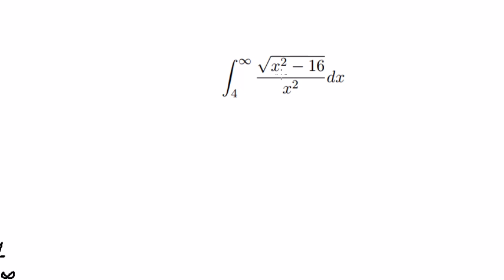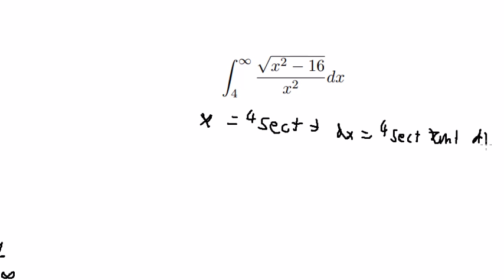So in this situation we need to use about s equal to 4 secant of t. The ds we change for 4 secant of t tan t dt. We change the bounds.